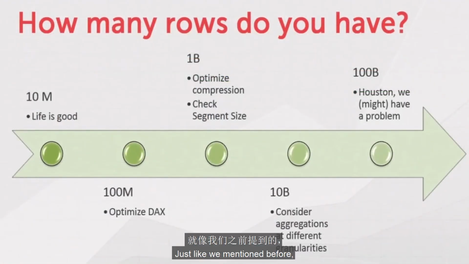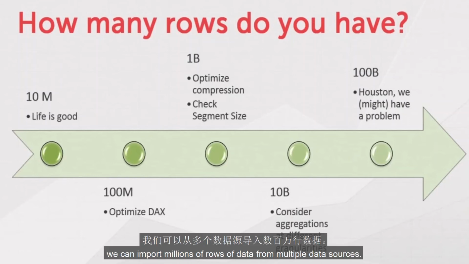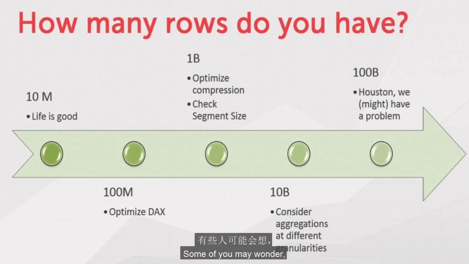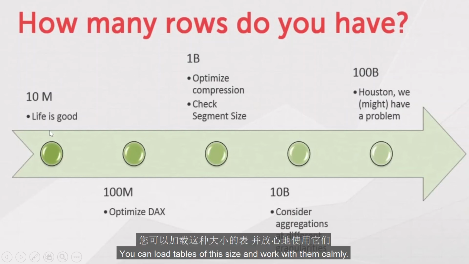Just like we mentioned before, we can import millions of rows of data from multiple data sources. Some of you may wonder, how many rows can we process in Power Pivot? Well, according to this picture, 10 million rows is good. You can load tables of this size and work with them calmly.